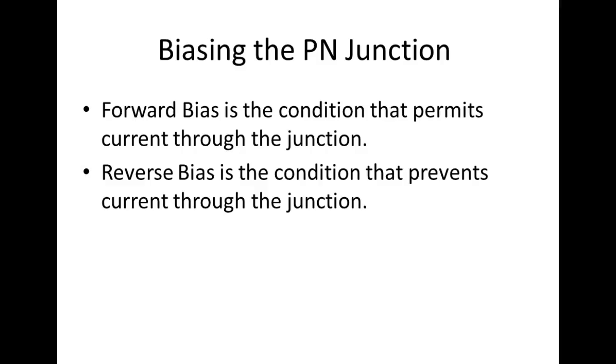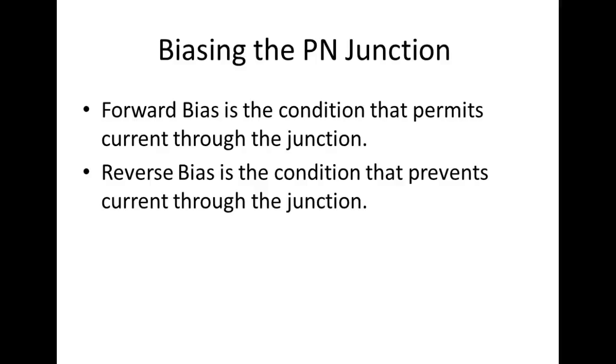This is where we left off the other day. We call it biasing. Bias is a DC voltage, so you'll need to write this down, that we apply to a semiconductor to establish or set its operating parameters.